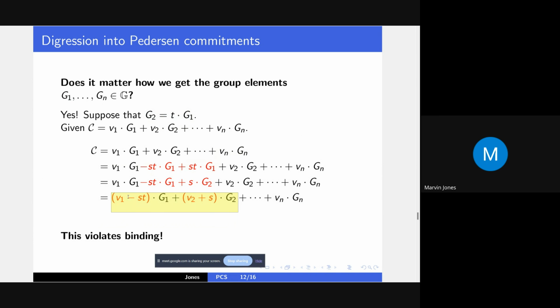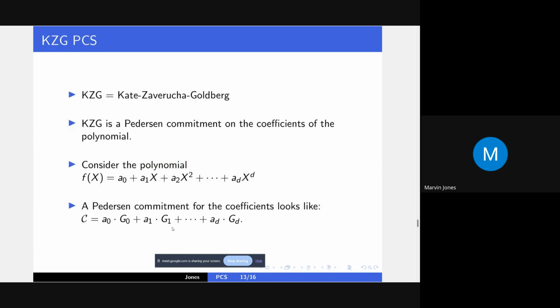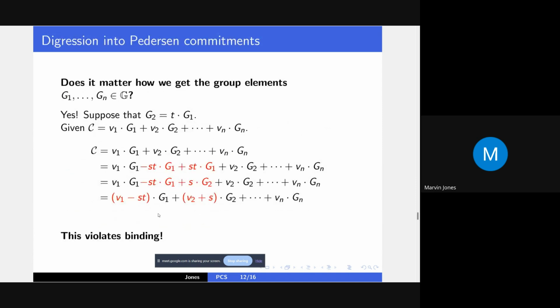Specifically, I changed the first entry and I changed the second entry. The problem with that is that it violates binding. So to avoid violating binding, we need to make sure that we get these group elements in a manner that we know how they're generated, and we know that there was no funny business.